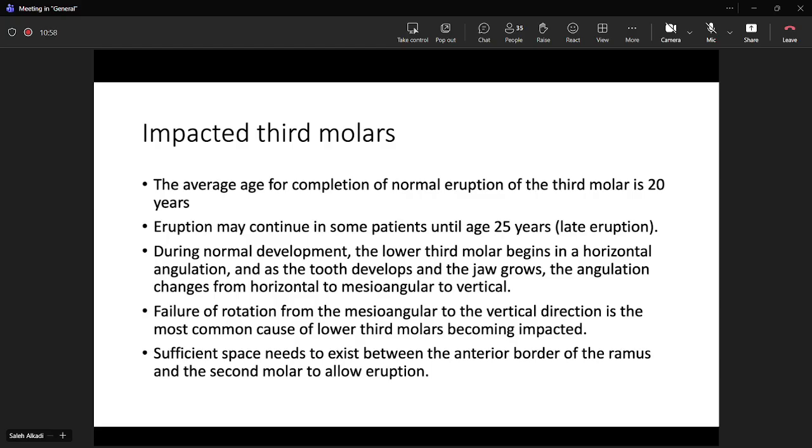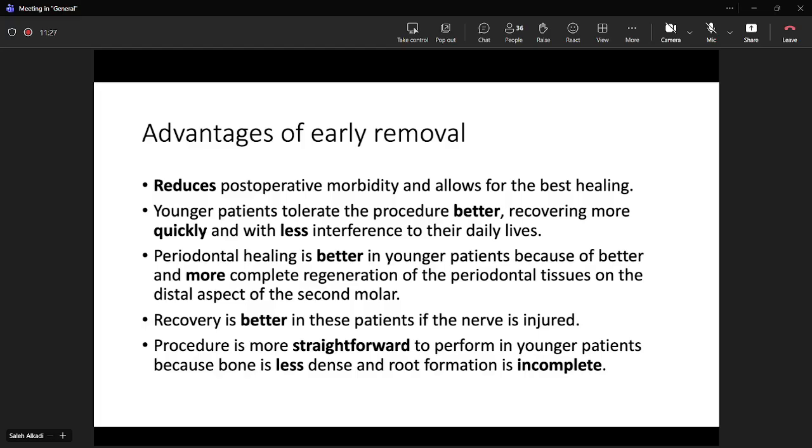When this mesial movement does not happen due to the change in diet of modern human beings, then no space will be created at the back of the mouth in the retromolar region. So this will create insufficient space for the lower third molar to erupt. So this is one of the theories behind impaction of the lower third molar.